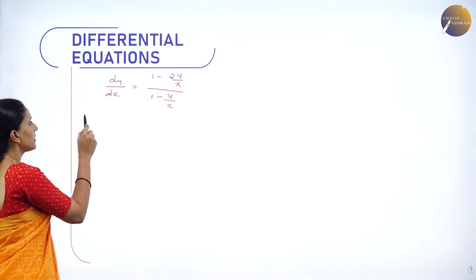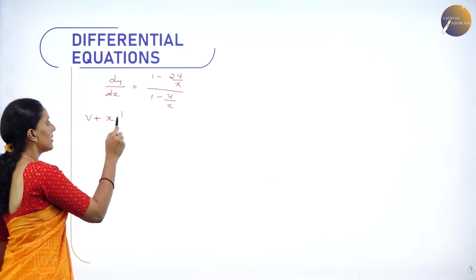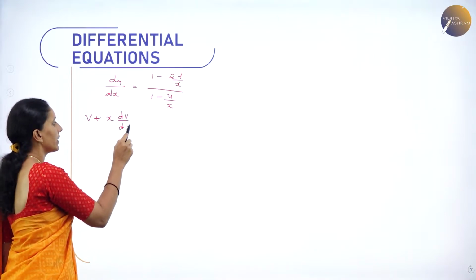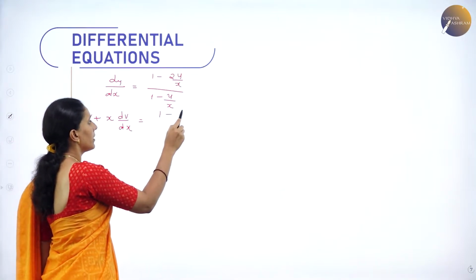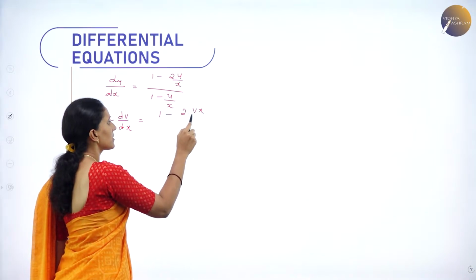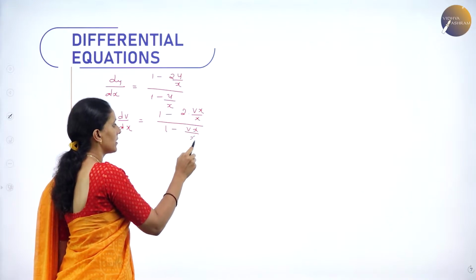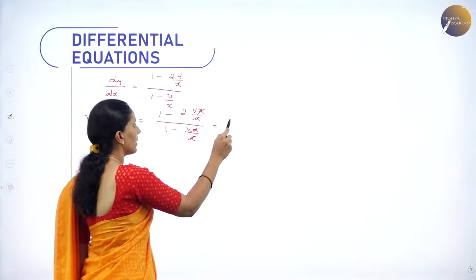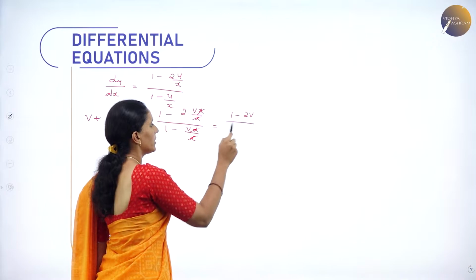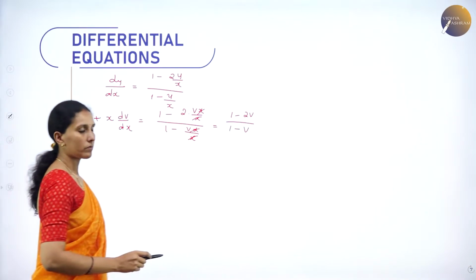So this is v plus x into dv by dx, and here 1 minus 2 into vx by x divided by 1 minus vx by x. x cancels, we will get 1 minus 2v divided by 1 minus v.